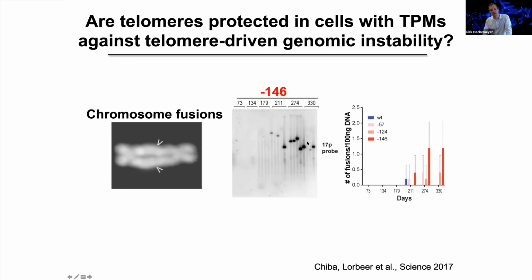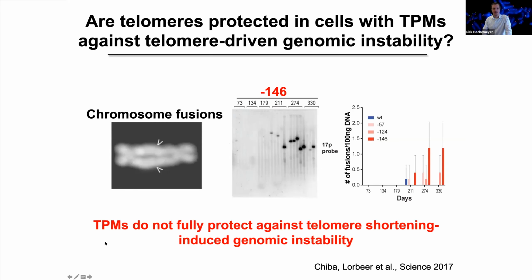However, over time in this bulk population of fibroblasts, in cells that in this case have this 146 TERT promoter mutation, we see the accumulation of these fusions, arguing that TERT promoter mutations do not fully protect all of the cells present in the population, and that some undergo telomere shortening and genomic instability.